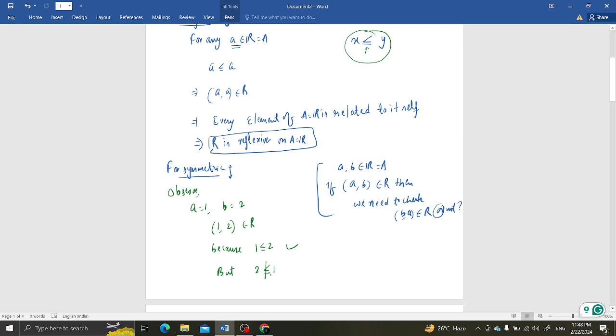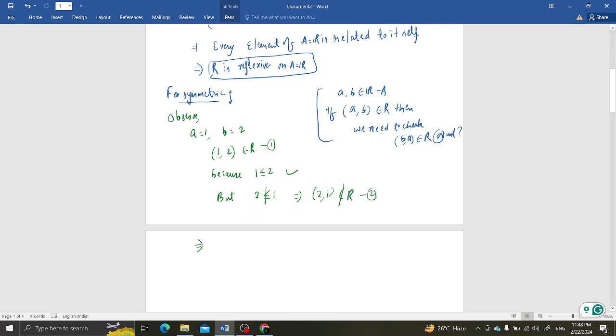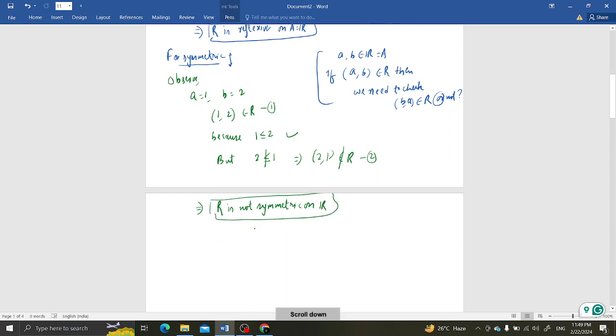That's why none of the conditions holds, so (2, 1) does not belong to relation R. (1, 2) is there, but (2, 1) does not belong to R. It means there exists an element for which the symmetric property does not hold, hence R is not symmetric on the set of real numbers.